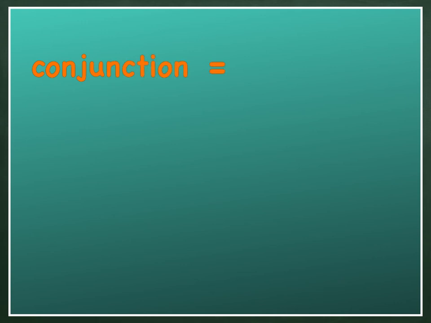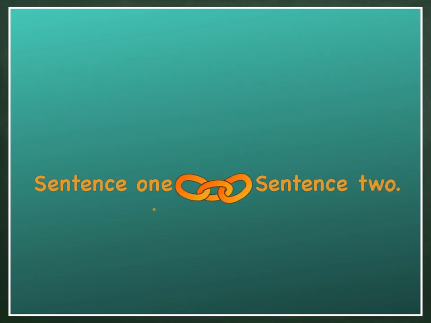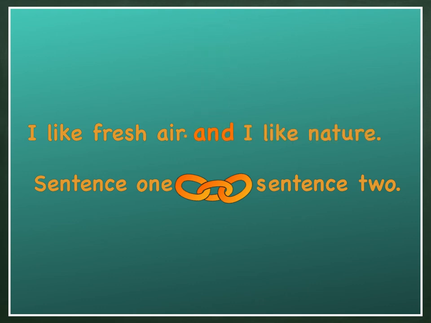A conjunction is a word to join two parts of a sentence. Let's take an example with and. And here is one with but.